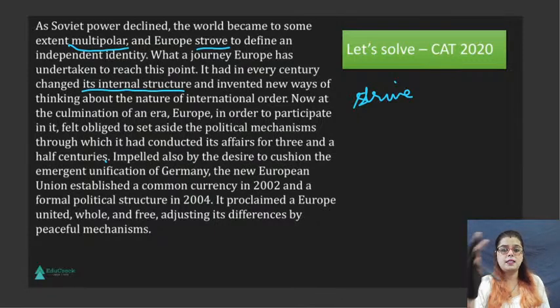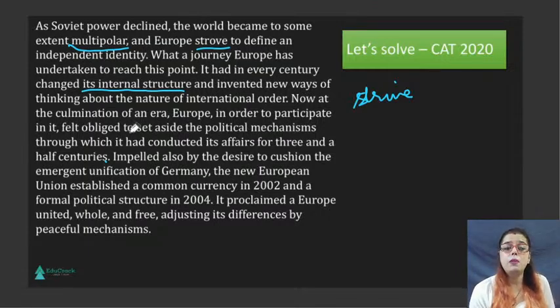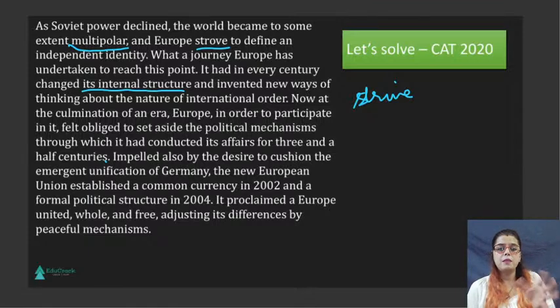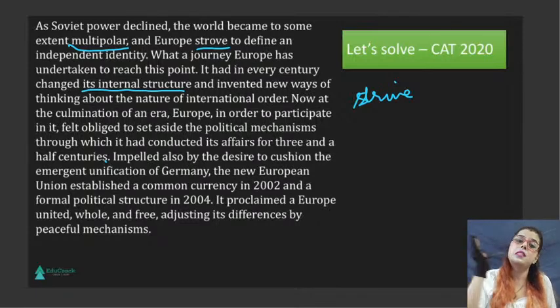We all know that a lot of European countries were going across the world trying to colonize different countries. So now what they're trying to do is bring about some changes. They are trying to set aside the political mechanisms that they themselves had put in place, right?